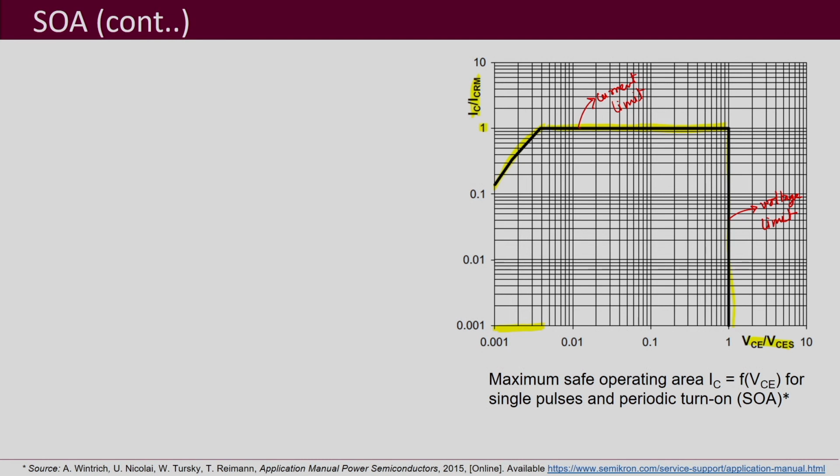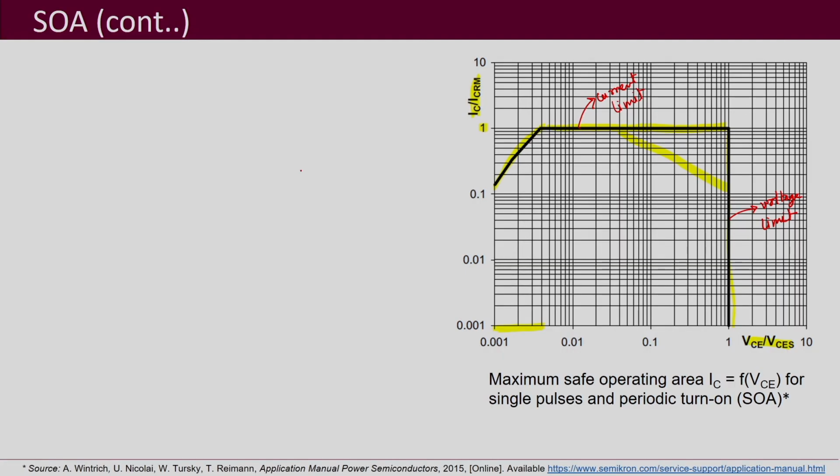And in some of the data sheets you will also see this kind of a sloping line, which is not given here because this is taken from Semikron, and they are not giving the linear operation limit. Your power dissipation limit is basically when it goes into the active region or it is operating in the linear mode.